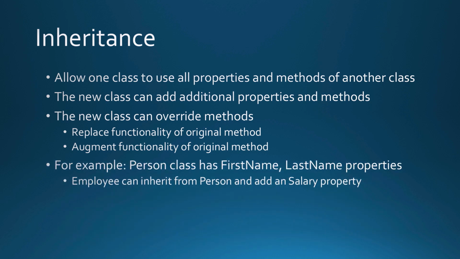For example, a Person class might have a first name and a last name property. An Employee can inherit from the Person class and can add on a salary property, and then might add on some additional methods like calculate salary or give raise. Inheritance, very important to object-oriented programming.